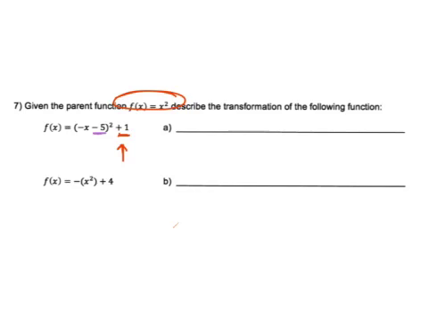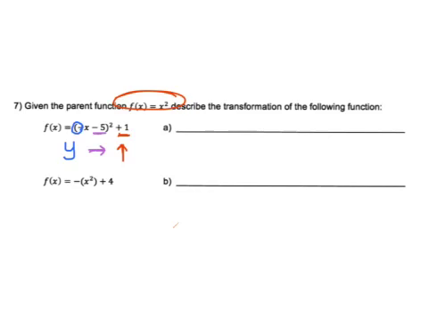Minus 5, we think it's going to be left, but remember it's opposite, so it's technically right by 5. Right 5. Then this negative sign is going to give us a flip. When it's inside that parenthesis, we're going to flip it over the y-axis.